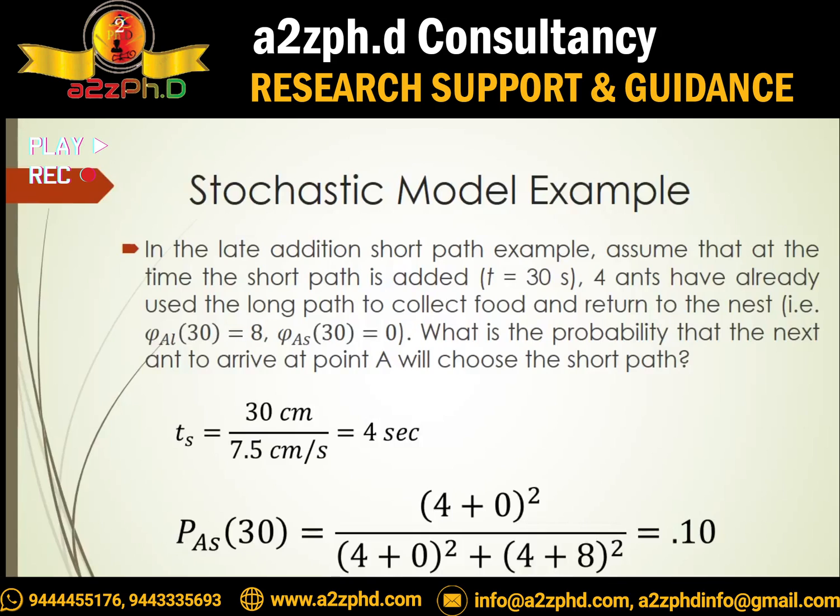And you can see that the odds of it taking the short path, even after just 4 ants have gone back and forth from food, is only 10%. And so this model converges rather quickly, and it is difficult to take advantage of new opportunities like a suddenly emerging short path.